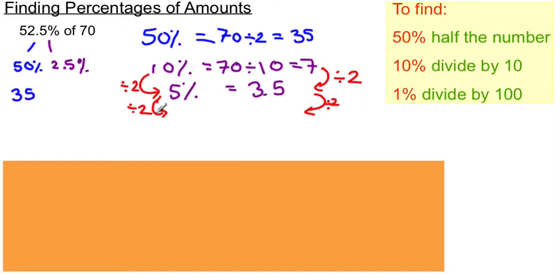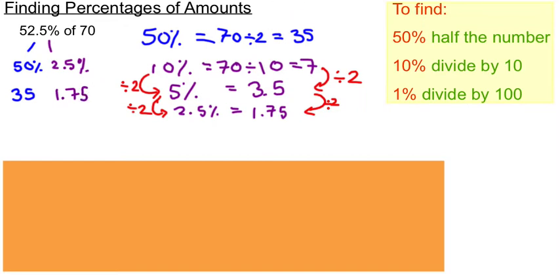So 5% divided by 2 gives me 2.5%, which is what we were wanting. 3.5 divided by 2 is 1.75. So now I know that my 2.5% is going to be 1.75.